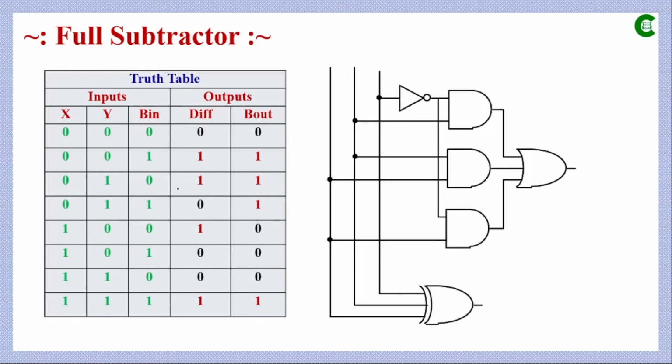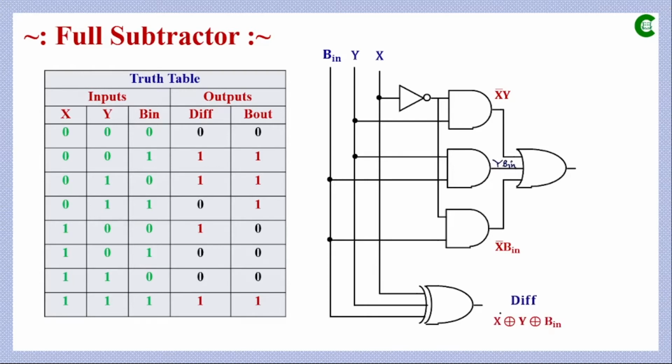And this is the circuit diagram for a full subtractor, where we can see X, Y, BIN. These are the three inputs, and the output of this AND gate will be X bar Y, and the output of this AND gate is again X bar BIN, or X complement BIN, and the output of this AND gate will be Y and BIN.